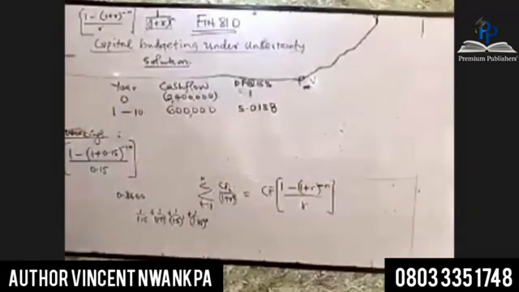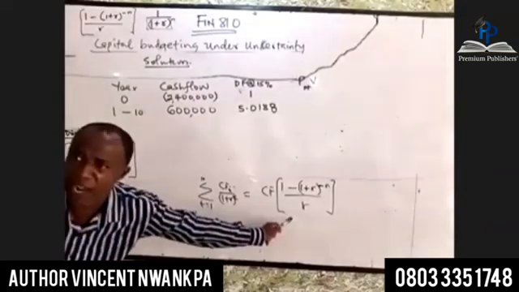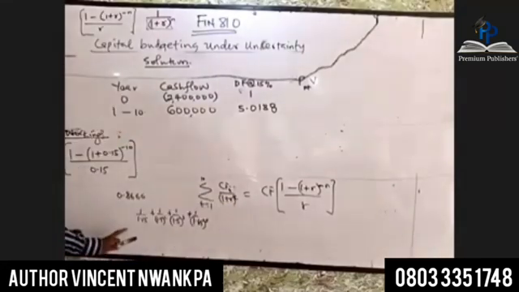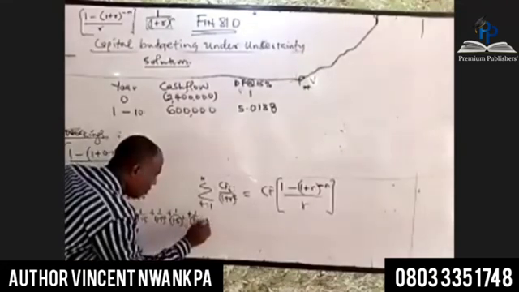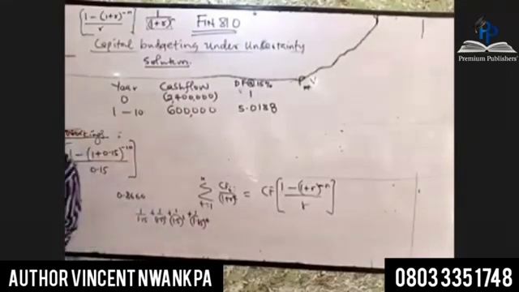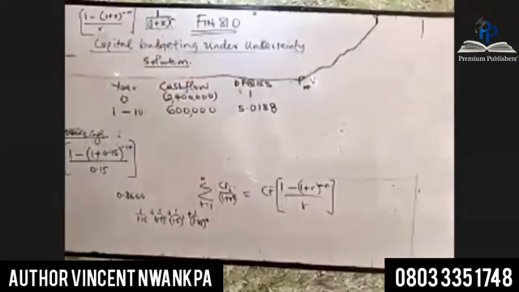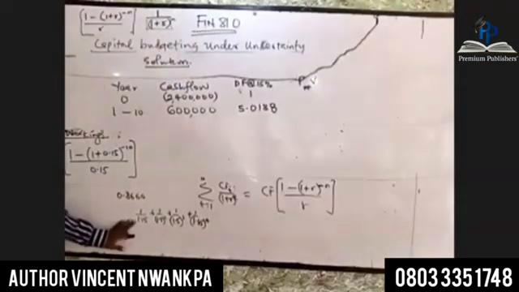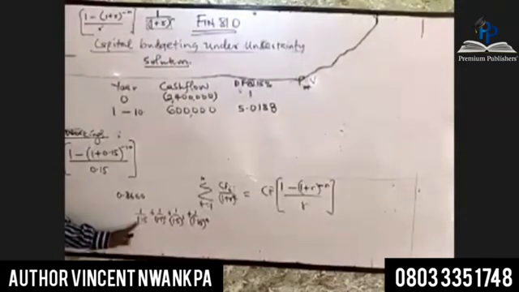So let's see, somebody do something. If you can't remember present value annuity, to make it faster in the exam, you can use year 1, year 2, year 3, year 4 till year 10, and your calculator can run this at the same time.